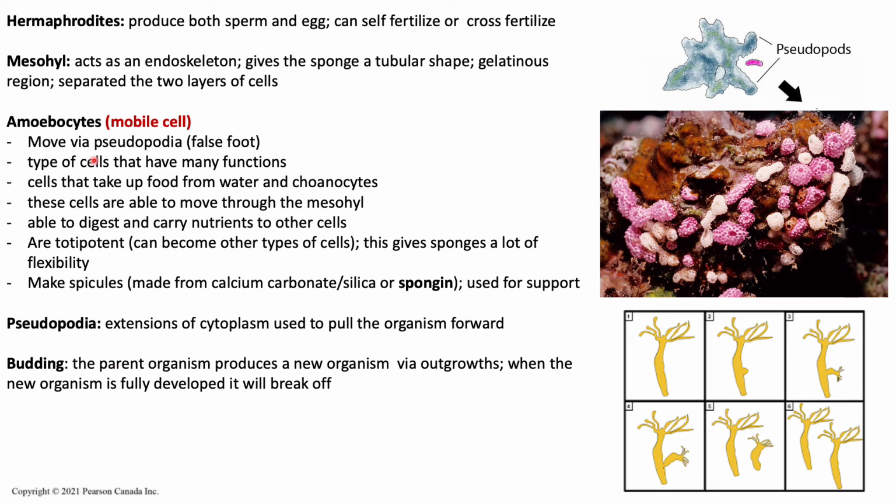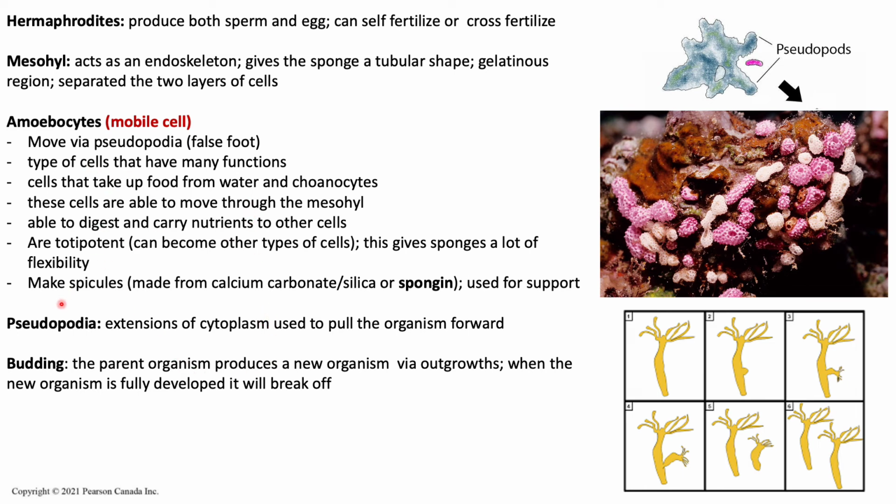So amoebocytes can give rise to other types of cells, and this gives our Porifera a lot of flexibility, and that flexibility is very important because if you are in a marine environment, your environment is continually changing, and that flexibility allows the sponge to survive in various water conditions. Because the amoebocytes are totipotent, if a certain cell is needed, the amoebocyte can give rise to that.